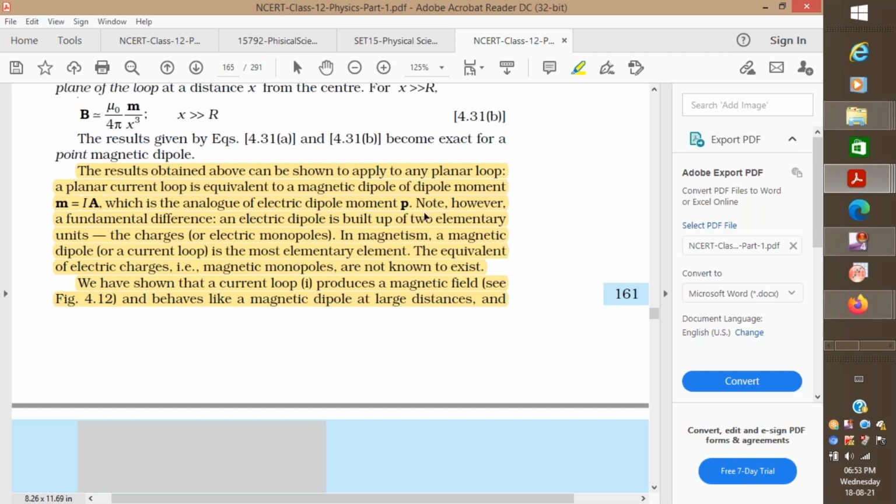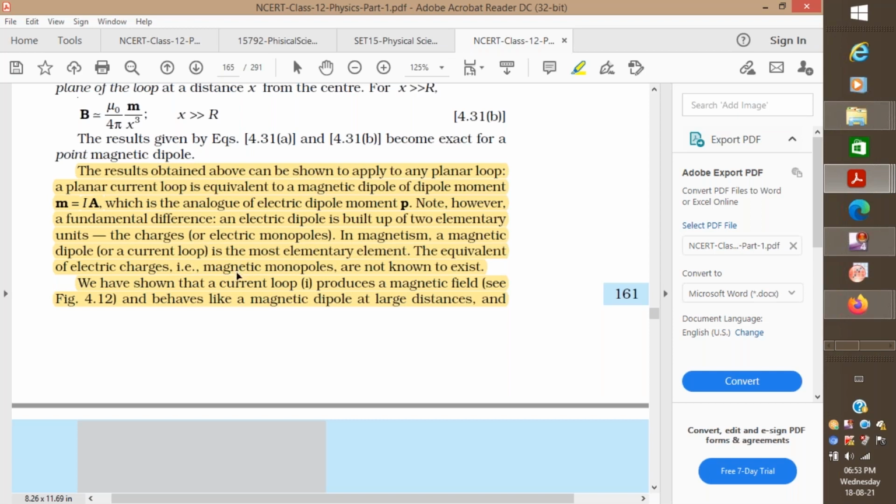Note, however, a fundamental difference. What is the fundamental difference? The electric dipole is constituted by two elementary charges which are called monopoles, plus Q and minus Q. But in case of magnetism, no monopole exists. There is no positive magnetic charge or negative magnetic charge. You should not confuse north pole and south pole with positive and negative charge.